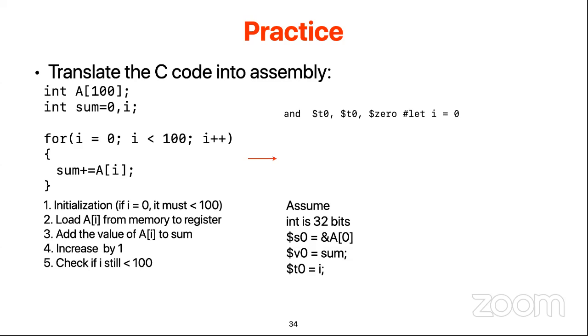The first variable that we should initialize would be I, and T0 stores I. So let's do an AND instruction of T0 with 0. Because anything ANDed with 0 is always 0, it helps us initialize T0 as 0.